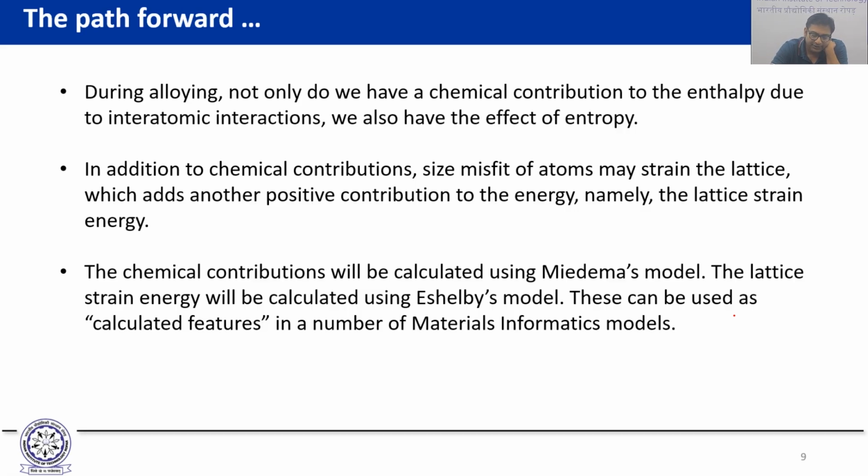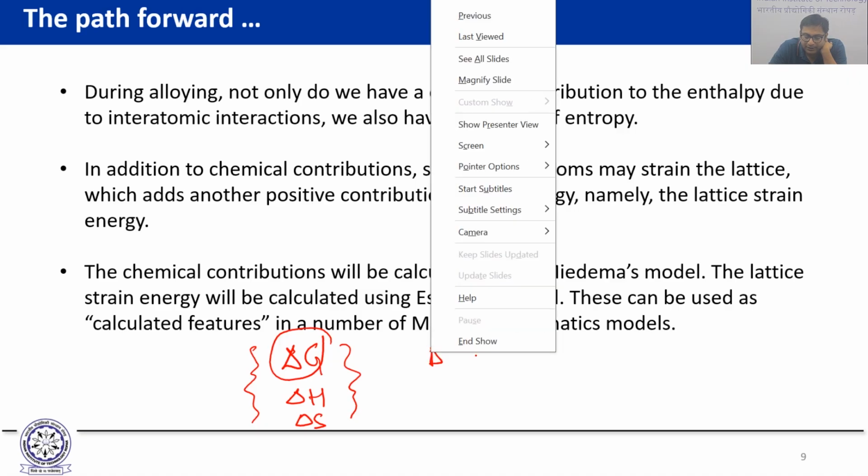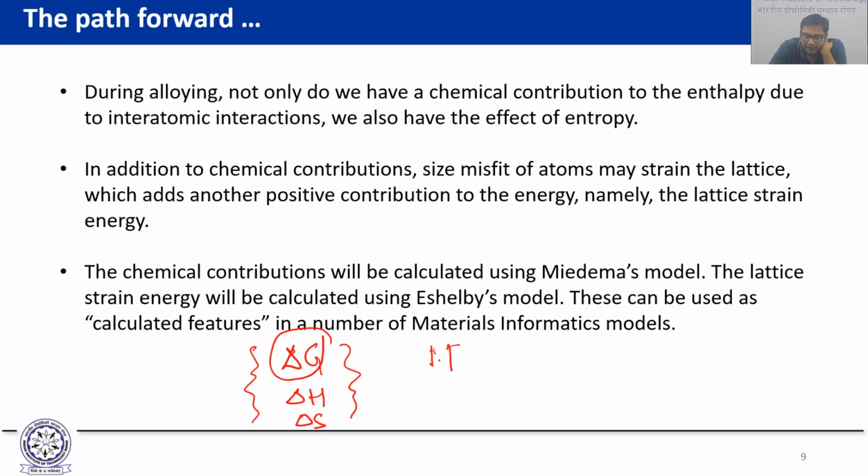Now, this really is the key part as far as thermodynamics is concerned: your ideas about delta G, delta H and delta S. Since we are looking at largely solution thermodynamics, we will be content with looking at delta G, delta H and delta S. Of course, people who do a lot of DFT will actually look at delta F, the change in Helmholtz free energy, instead of delta G. But for our case, we are not going to be concerned too much about the Helmholtz free energy.